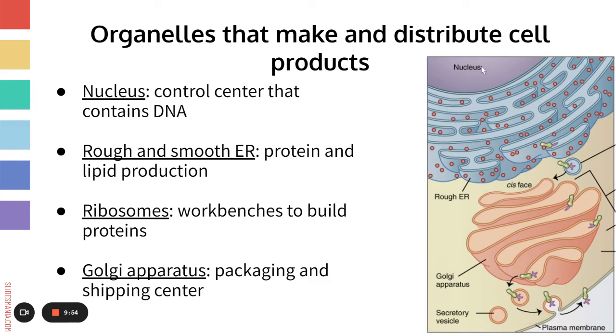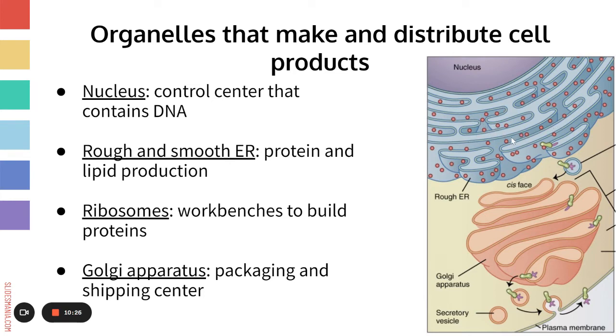Starting with the nucleus, which holds the DNA, right outside of the nucleus we have what's called the endoplasmic reticulum. The endoplasmic reticulum, or the ER, because that's a bit of a mouthful, can be either rough or smooth. I'm going to talk about the smooth ER first. The smooth ER is important for making lipids, or fats. You can't really see smooth ER here, but what you do see is rough ER.